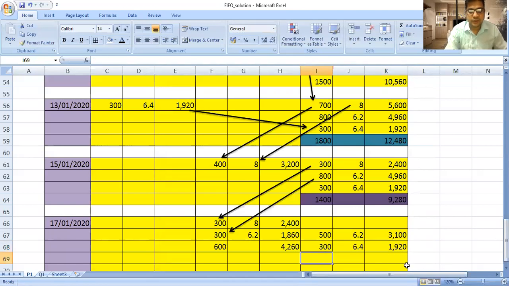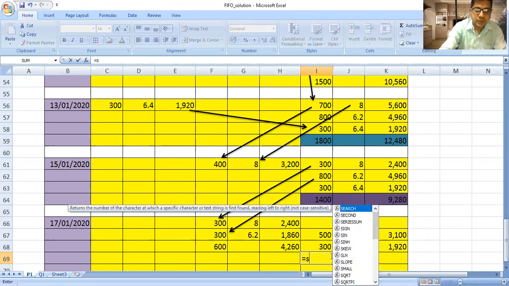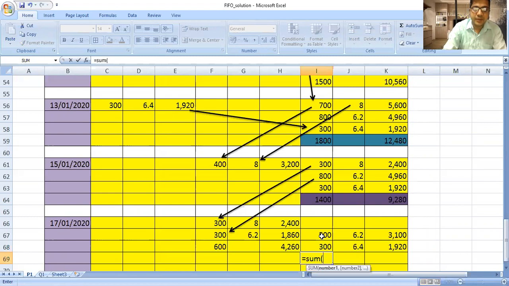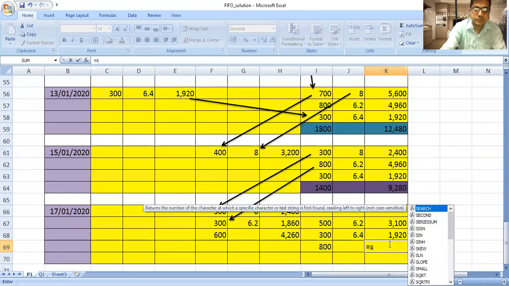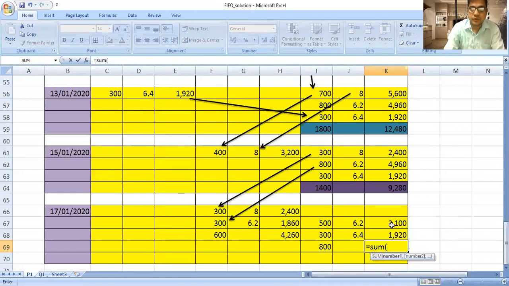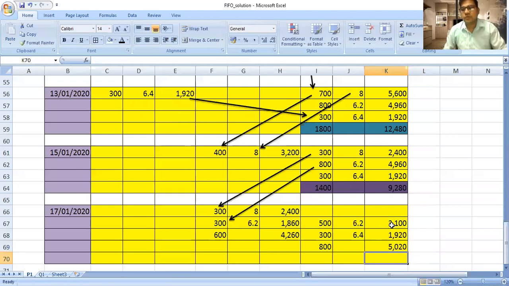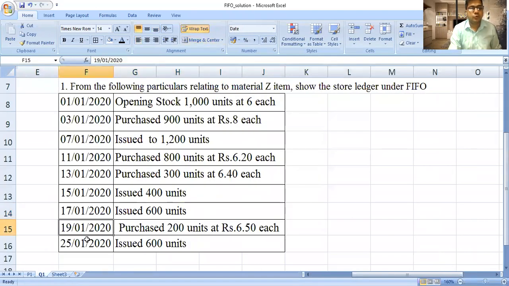Now we have a total balance on 17 January of 500 plus 300, that is 800, and their value is 3100 plus 1920. Total value is 5020.